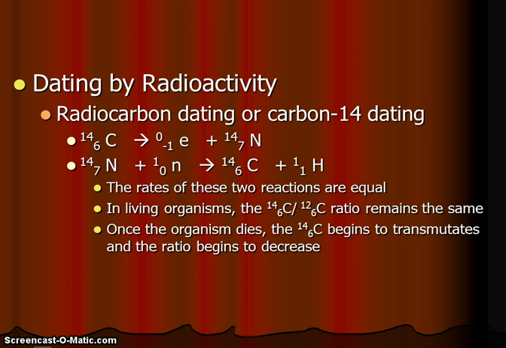Therefore, the carbon-14 that's in their bodies will start to go through that radioactive decay process. The amount of carbon-14 in the organism will start to decrease, and the ratio of carbon-14 to carbon-12 will start to go down. The combination of that ratio change and the half-life for carbon-14 can be used to determine the age of a particular specimen.